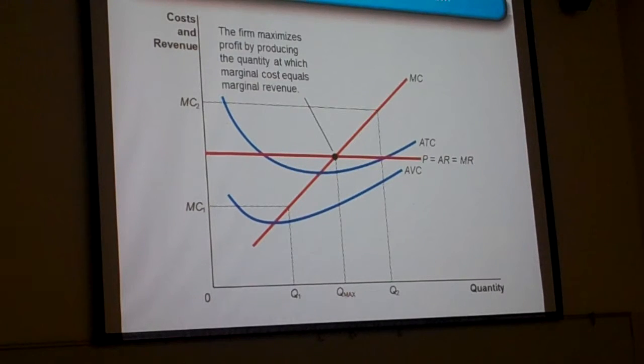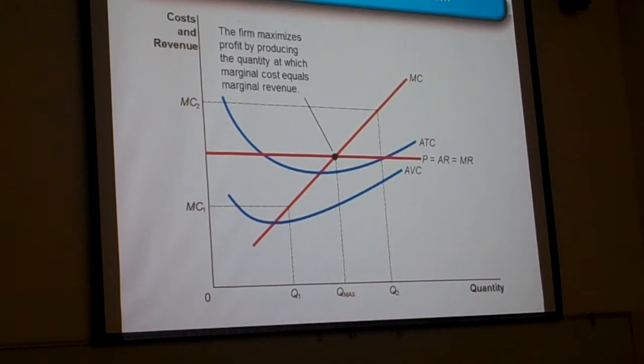I'll get to it eventually. Notice that where the average total cost curve bottoms out right there, for this industry, the price is above where average total cost bottoms out. And the reason is because that's a profitable industry. Give me a few more slides to talk about that.